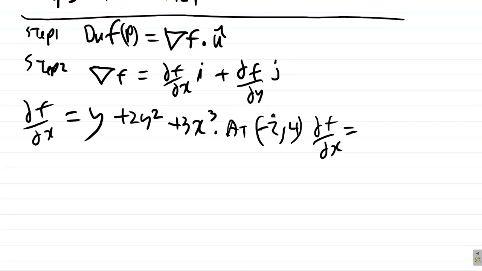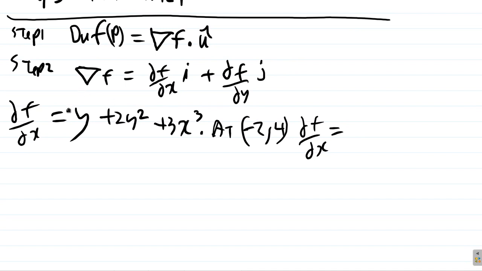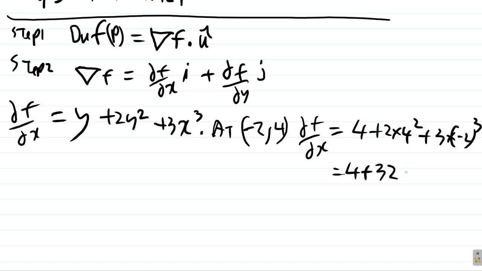So, x is negative 2 and y is 4. So we're going to have 4 plus 2 times 4 squared plus 3 times negative 2 cubed. That is 4 plus 2 times 16, which is 32, plus 3 times negative 2 cubed, which is negative 8. It's going to be a minus 24. Alright?